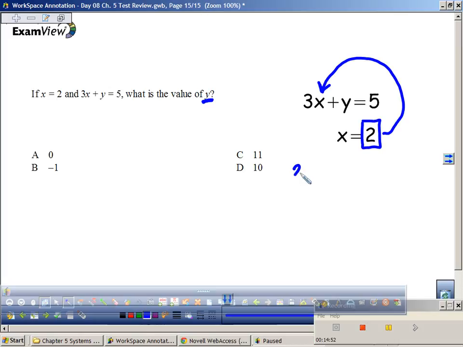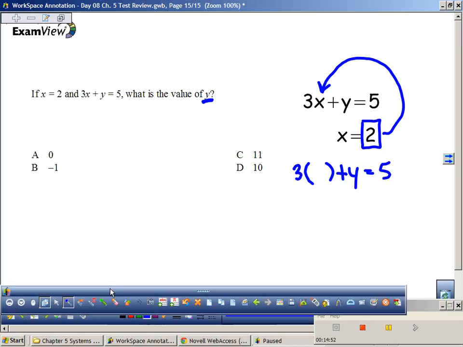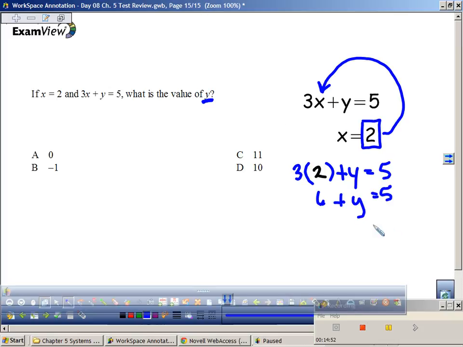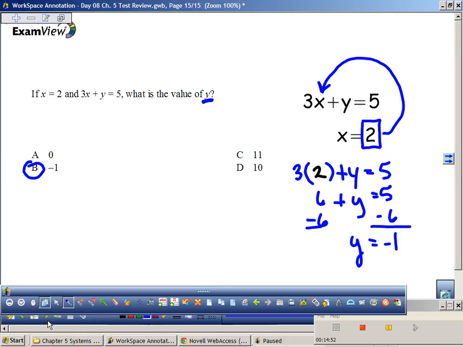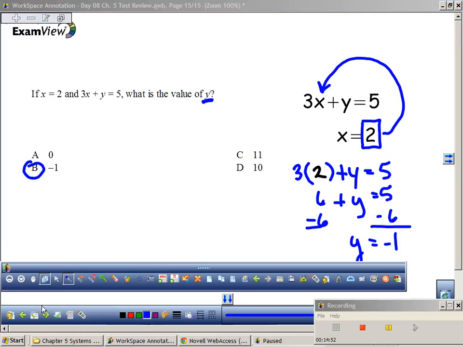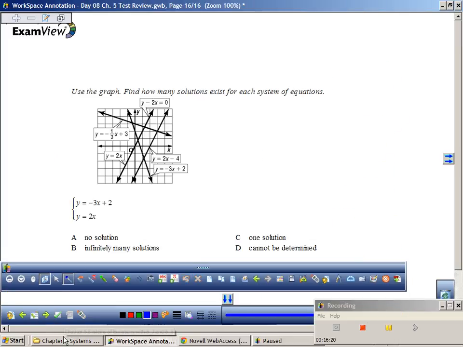All right, so 3x plus y equals 5. I know that x equals 2, therefore 6 plus y equals 5. I'm not used to using this type of pen. Y equals -1. My answer is -1. Questions on that? Am I going too fast?